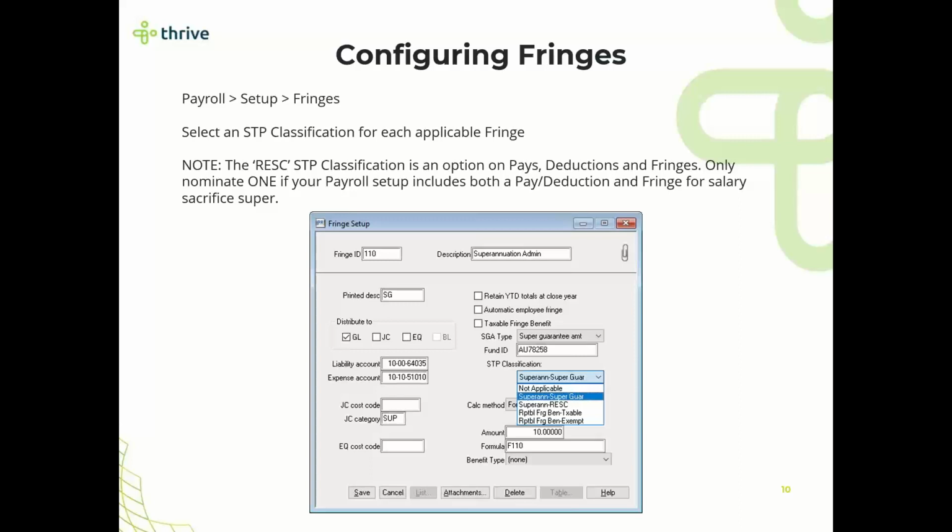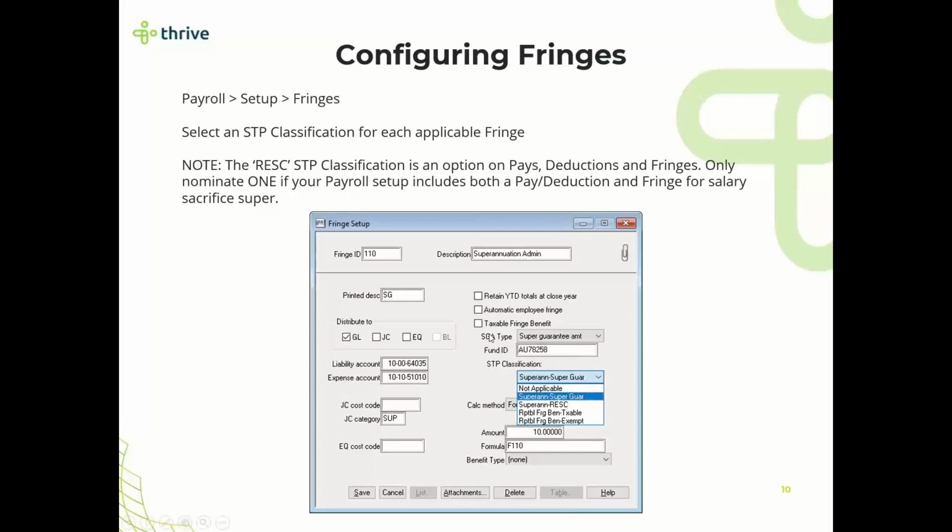Some customers have a negative pay for their salary sacrifice, and then they have a fringe record as well. So if you have that, you would make sure that you only nominate the RESC on one of those records. So don't put it on both. So I'd be inclined to put it on the negative pay record, and then on the fringe record, make it not applicable. Just don't double up on it.